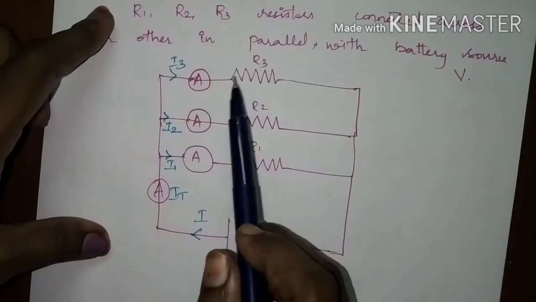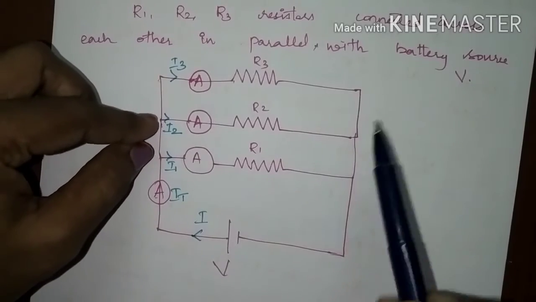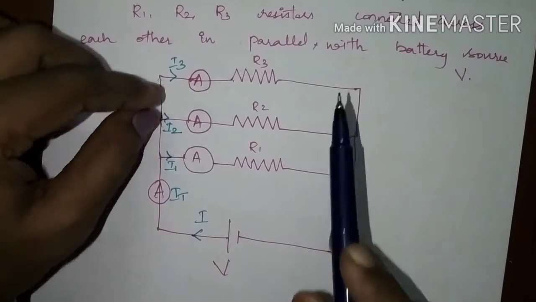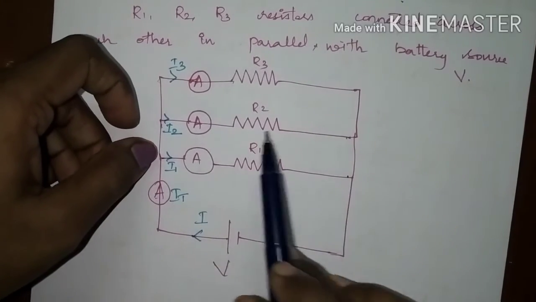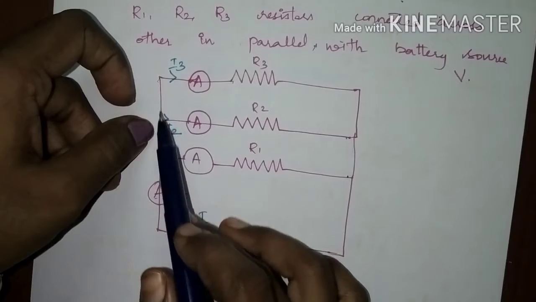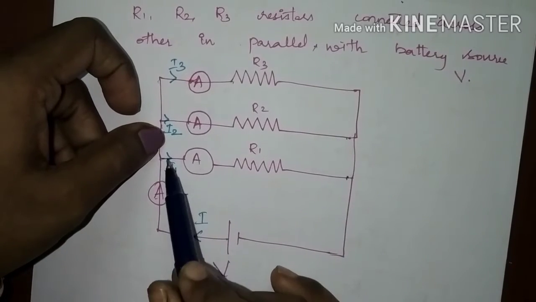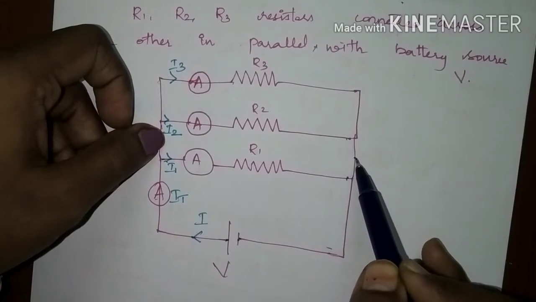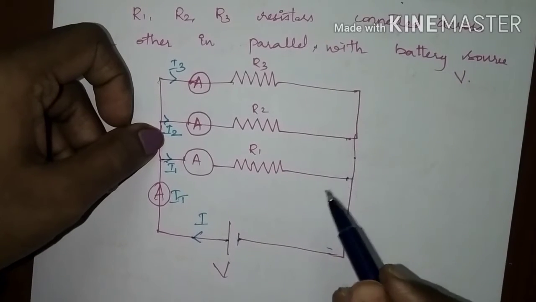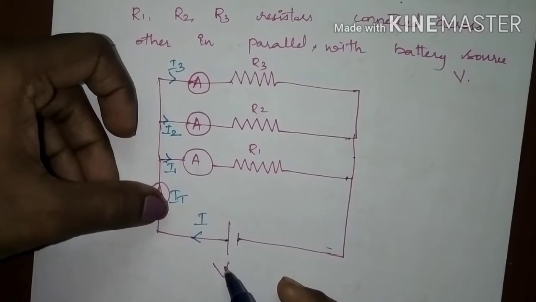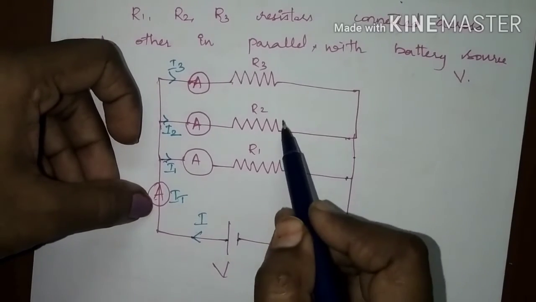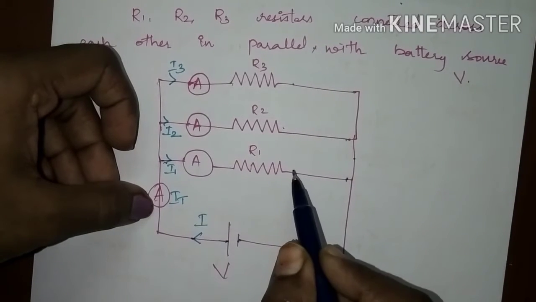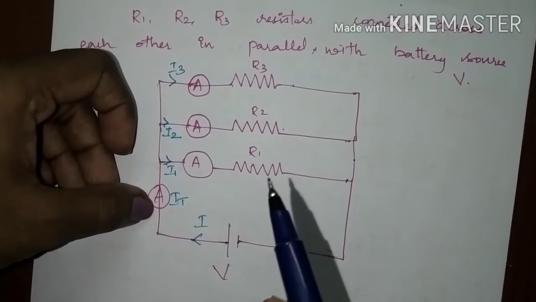See here, these three resistors are connected at a common point such that each voltage value is the same. The terminals on one side are all connected to a common point through the positive of the battery, and the common points on the other side are connected to the negative of the battery, representing that the voltage drop in each resistor would be the same in the parallel circuit. It won't have different voltages as in the case of the series circuit.